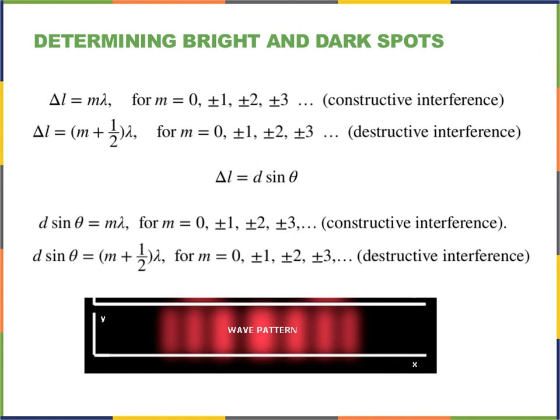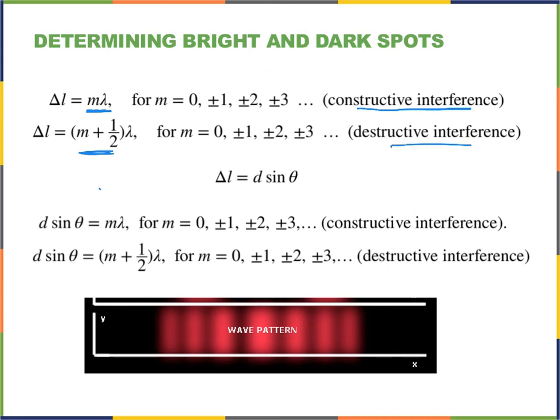So coming back to our conditions for constructive and destructive interference that we came up with a couple slides ago, remember when the path length difference is related to the wavelength by a simple multiple, 1 wavelength, 2 wavelengths, 3 wavelengths, we have constructive interference. If the difference in the path length is some half of a wavelength, like 1/2, 3/2, 5/2, we have destructive interference.